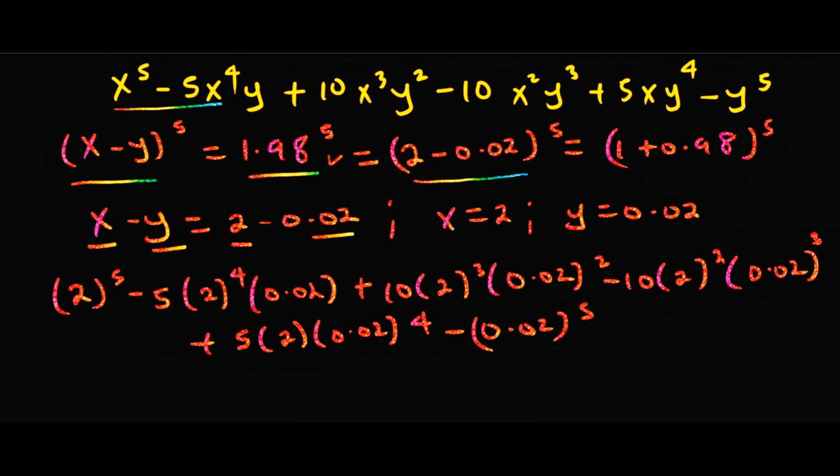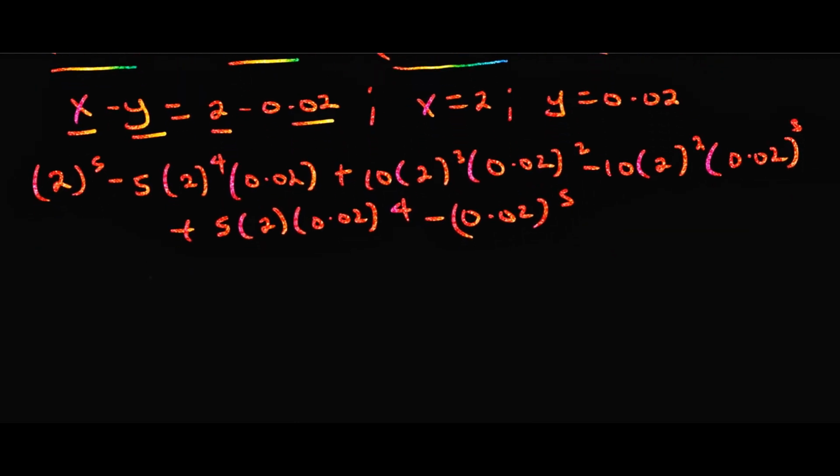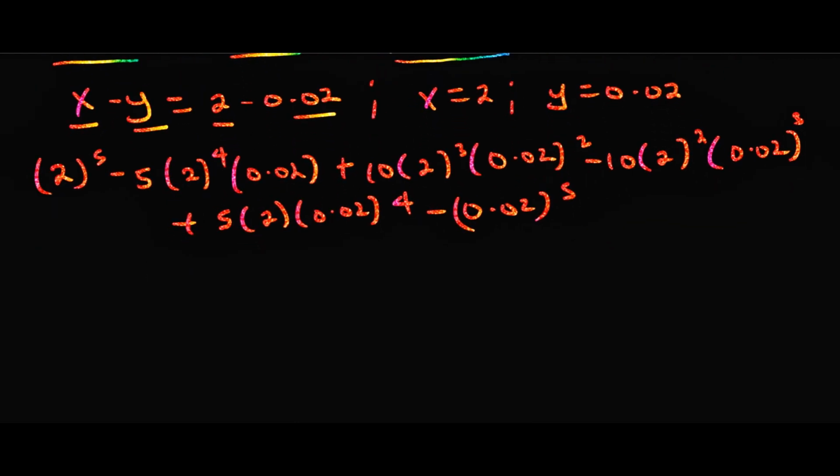So if we simplify, or if we evaluate each term in this sum, we're going to have 2 raised to power 5 is 32. So we have 32 minus 5 times 2 raised to power 4 times that, we're going to get 1.6.